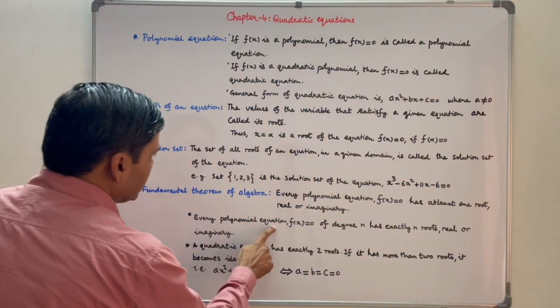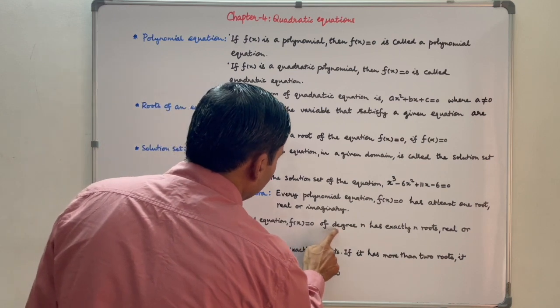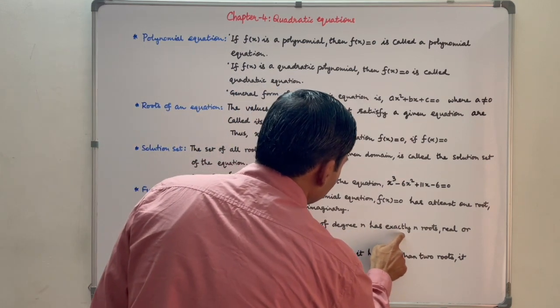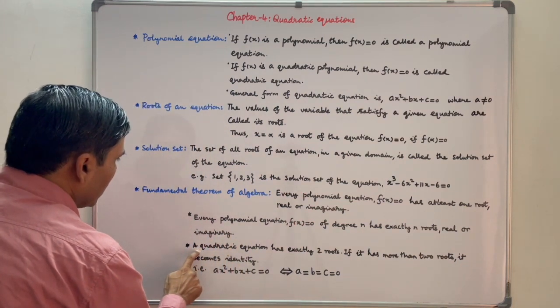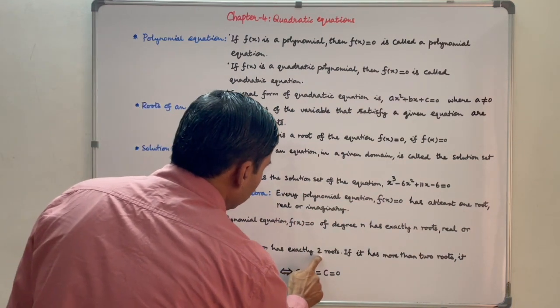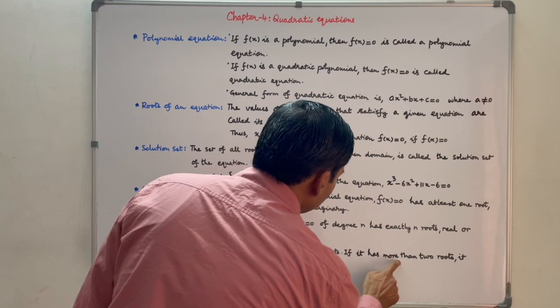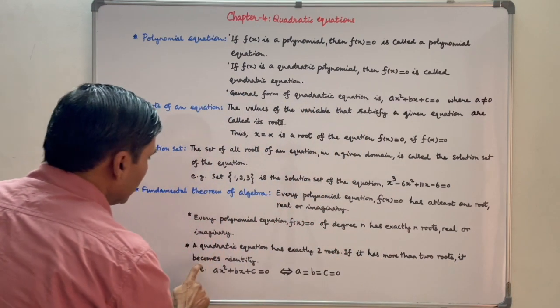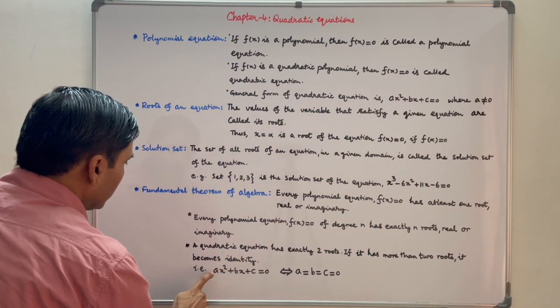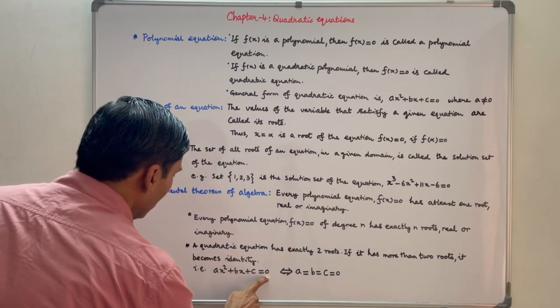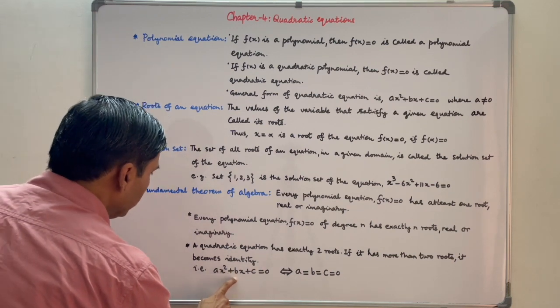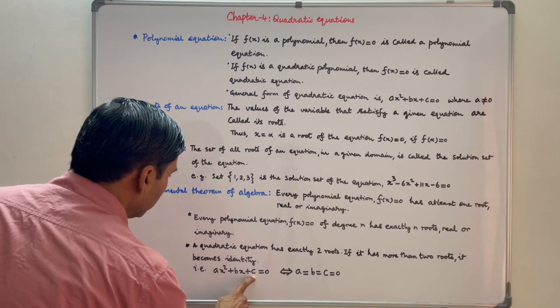Every polynomial equation f(x) = 0 of degree n has exactly n roots, real or imaginary. A quadratic equation has exactly two roots. If it has more than two roots, it becomes identity. So in quadratic equation ax² + bx + c = 0, a = 0, b = 0 and c = 0.